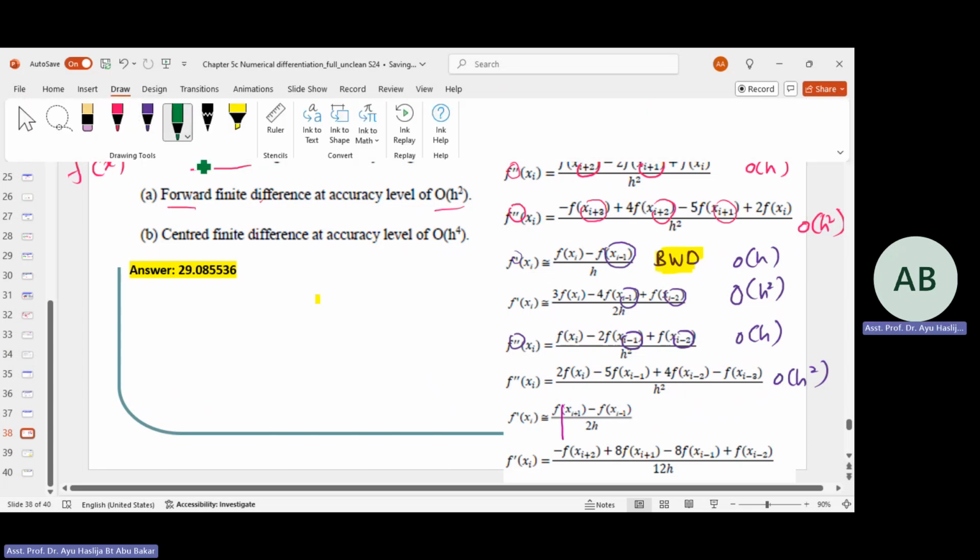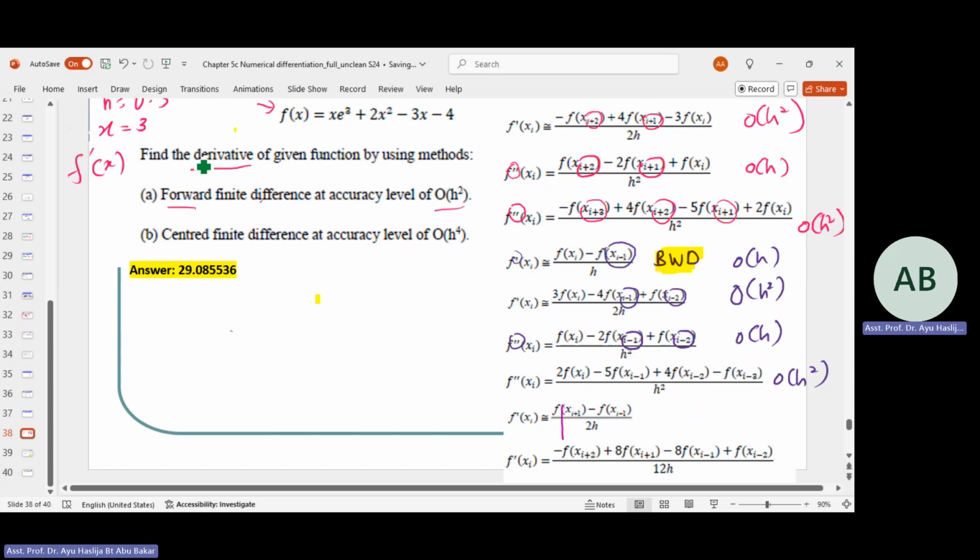Now, next equation. First derivative. It involves i plus 1, i minus 1. Forward, backward, or centered? Plus 1 and minus 1: centered. If plus 1, minus 1, it is centered. Centered starts with level 2, higher accuracy.